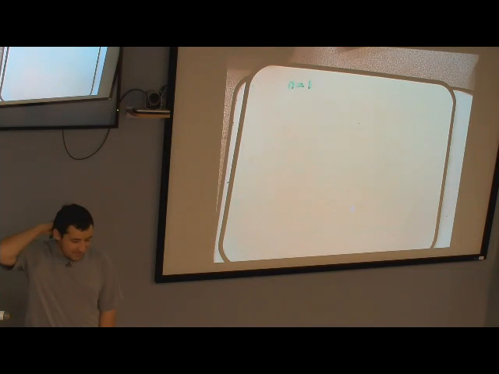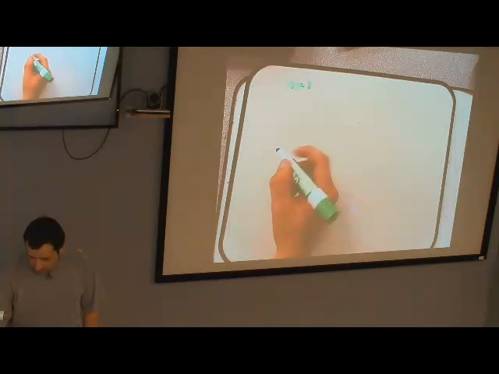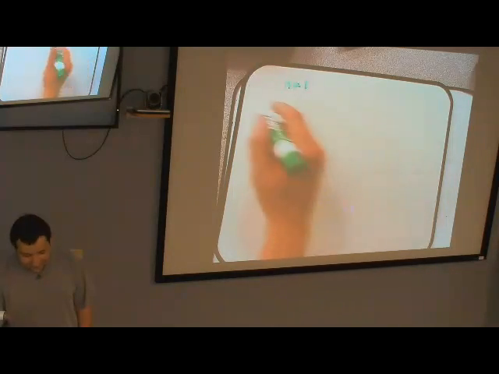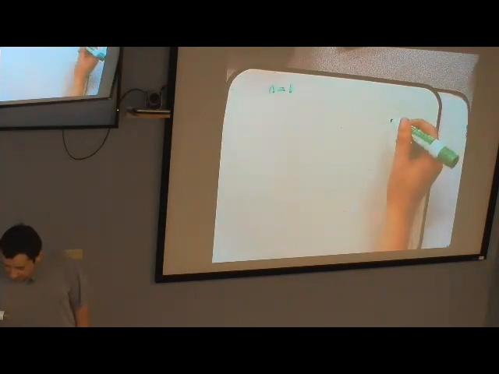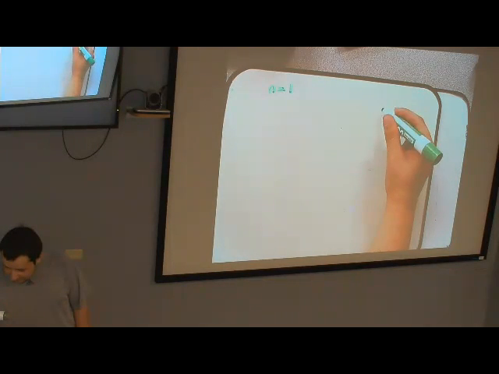Wouldn't it just be H psi equals E psi? So a wave function, yeah. So how do we write a wave function? Right side. So, wave function.